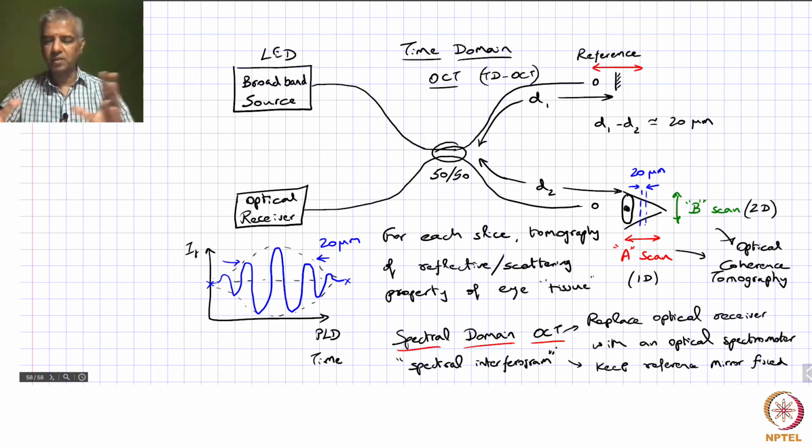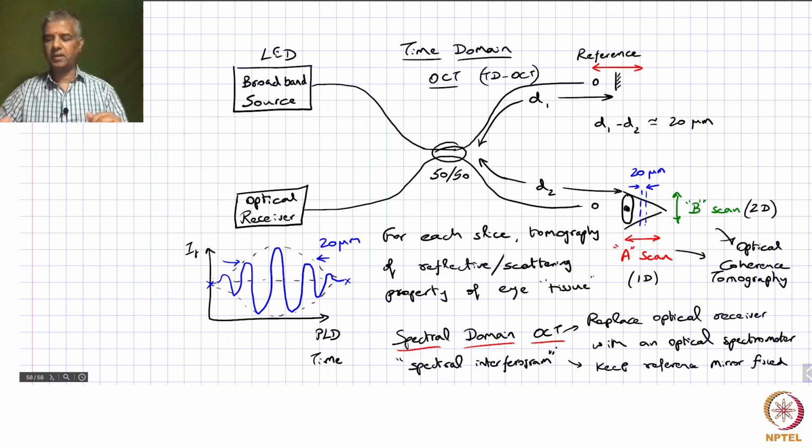I am just explaining that in a coarse manner, but you can think of it as doing an inverse Fourier transform, right, from the spectrum you go to the time domain, that corresponds to different delays, which means that it corresponds to different depths along the eye. Okay, so that's a very powerful method of doing optical coherence tomography without having to move the reference mirror.